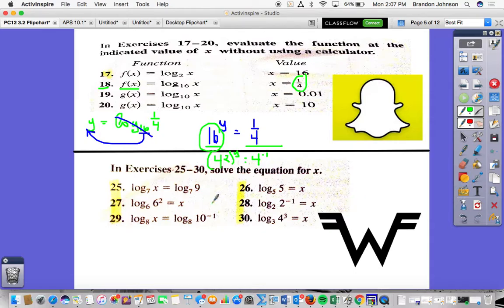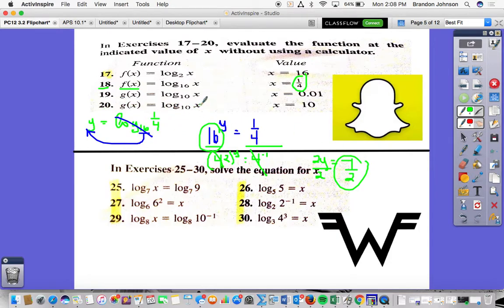Okay? And so once I get that there, again, an exponent to an exponent, we can multiply, making it 4 to the 2y. And so the 4's cancel, giving me 2y is equal to negative 1. Well, you know what to do now. We divide by 2, producing a value of negative 1/2. Okay? And that's how you would attack that there.